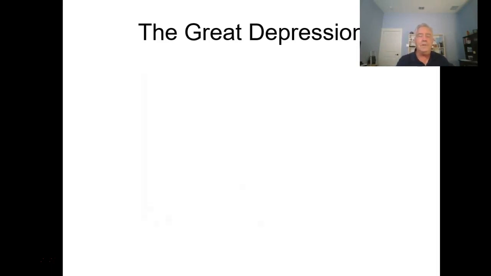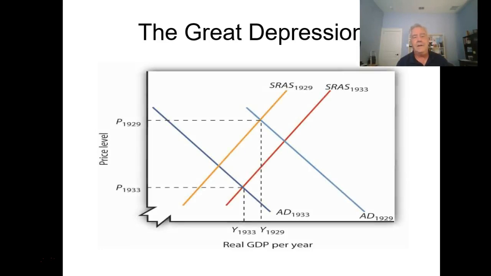So what happened was that as a result of not being able to maintain consumption in the economy, the demand curve, you'll see in this chart, 1929, the price level was up, P 1929. Quantity demanded was Y 1929.